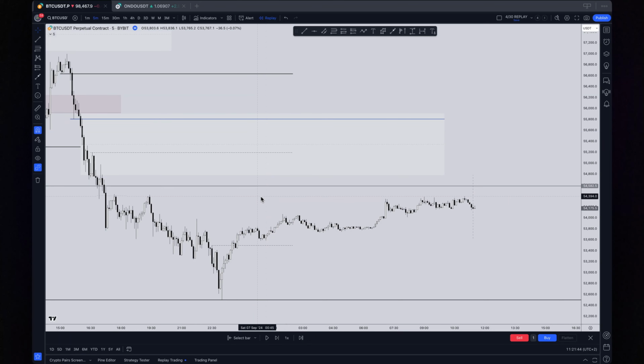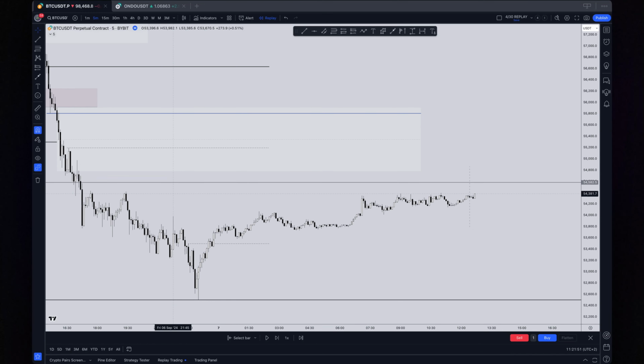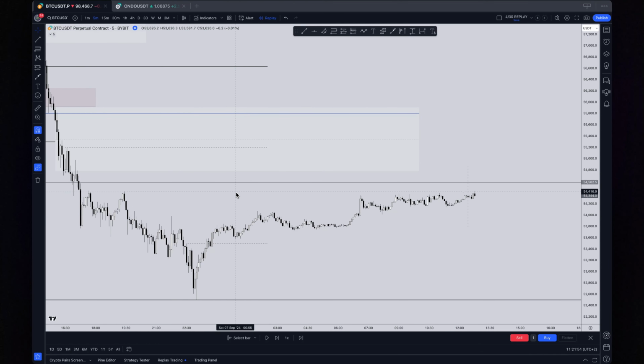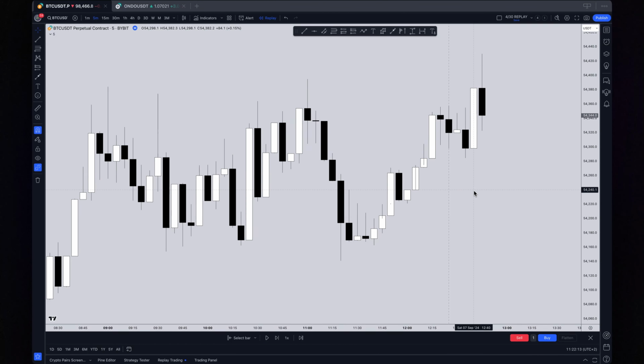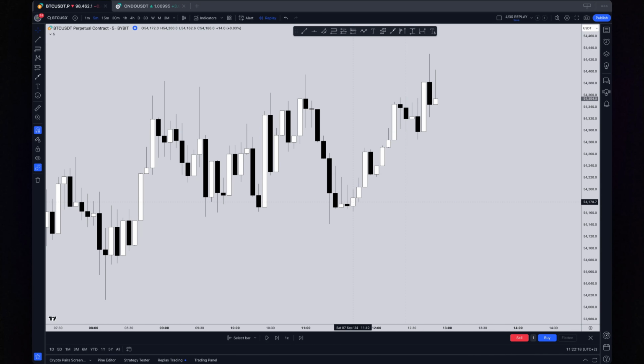Will be beautiful if we can get a sweep of one of these, filling this, touching this level. I think that's sweeping that. Let's see, high 420.1. This high is 430. So that's definitely higher, and it's sweeping. Now let's see what price will do. Form a swing. Yes.